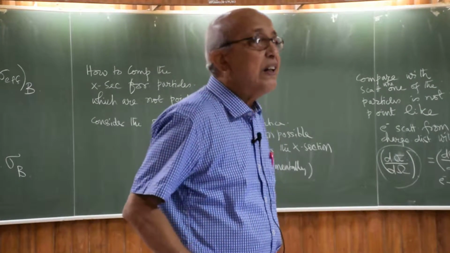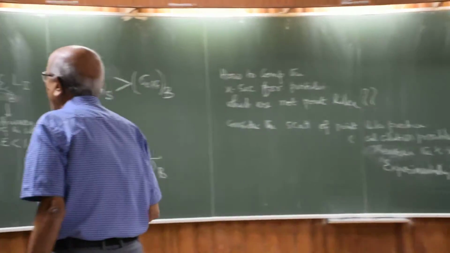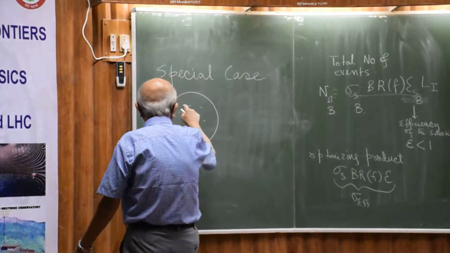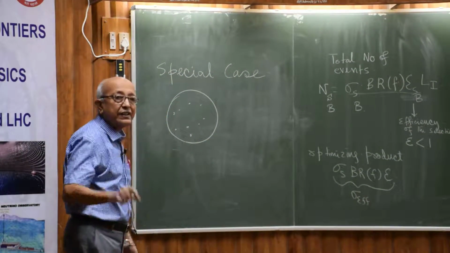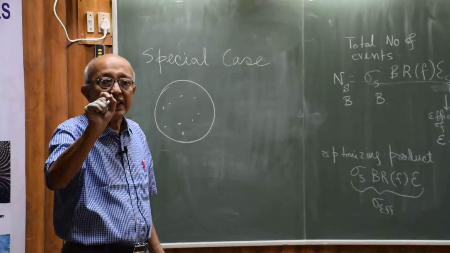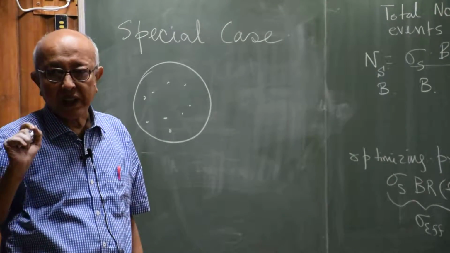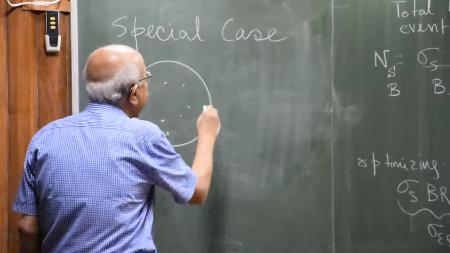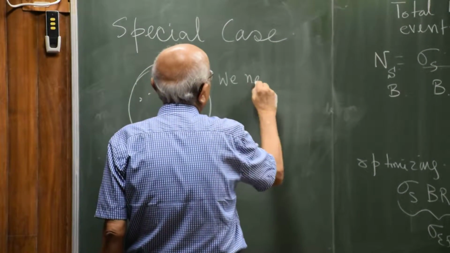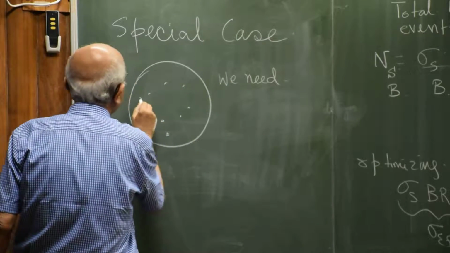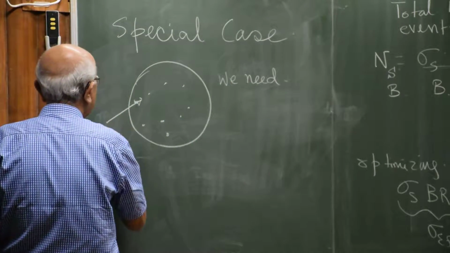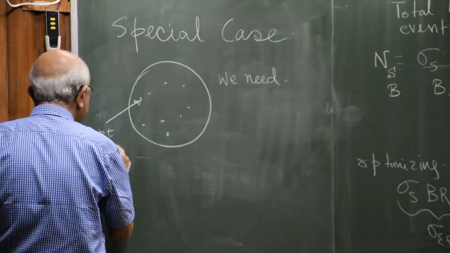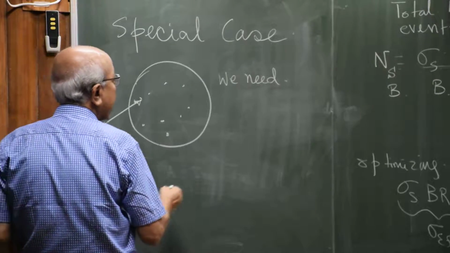Alright? In that case, if you want to really resolve this structure, that is, if you want to prove that there are point-like particles, it is a tough job, but you will always require a probe. So these dots represent point particles.